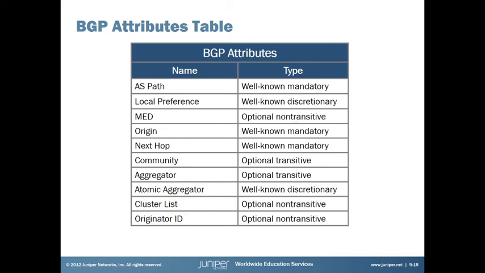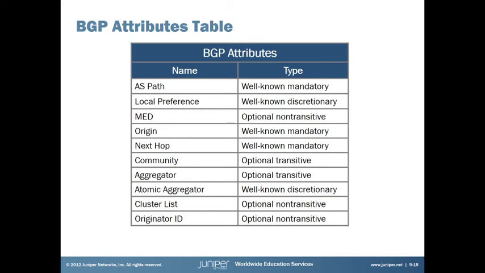Well-known discretionary must be supported in all BGP implementations, but does not have to be included in every BGP update. So it has to be supported, but it doesn't necessarily have to be advertised. So we have well-known discretionary, and local preference is one of those things. It's an attribute.